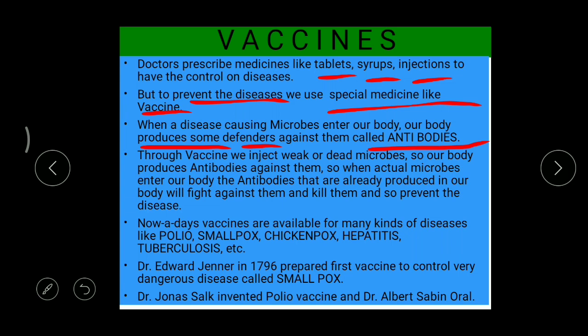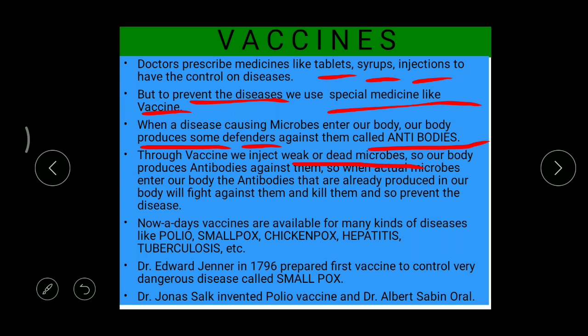Right? So in this way, when we are giving the vaccine, so what is a vaccine means? Inside the vaccine, we introduce weak or dead microbes. Weak means they are present in inactive form, just like a dead, right? So actually, when they enter our body, they won't create any disease.